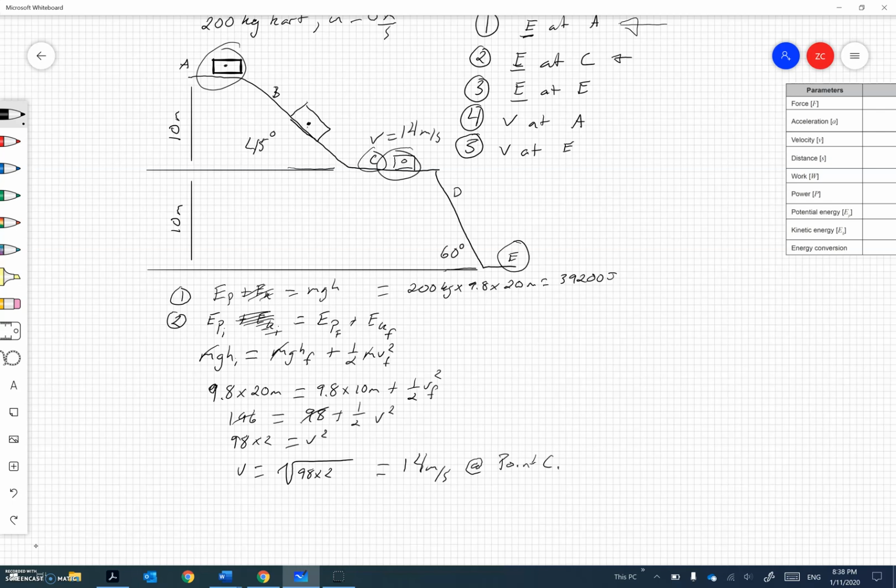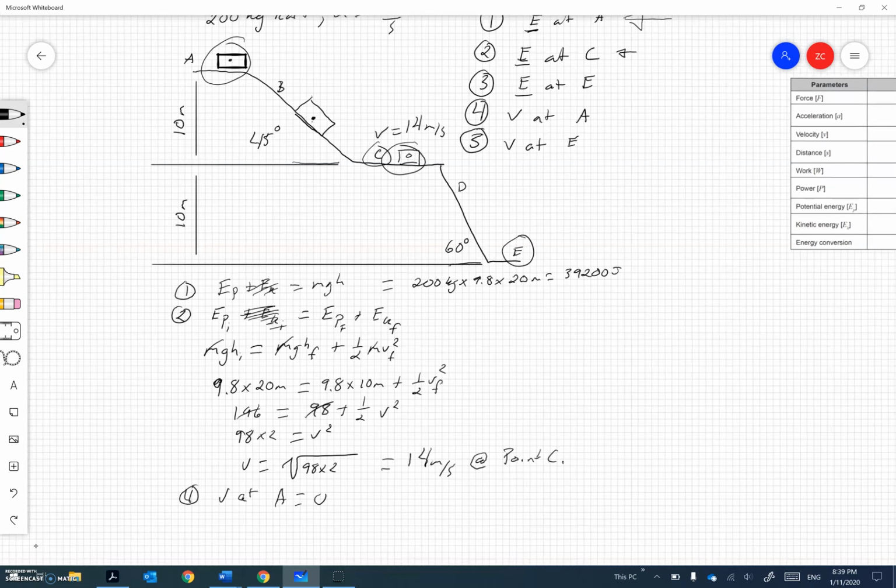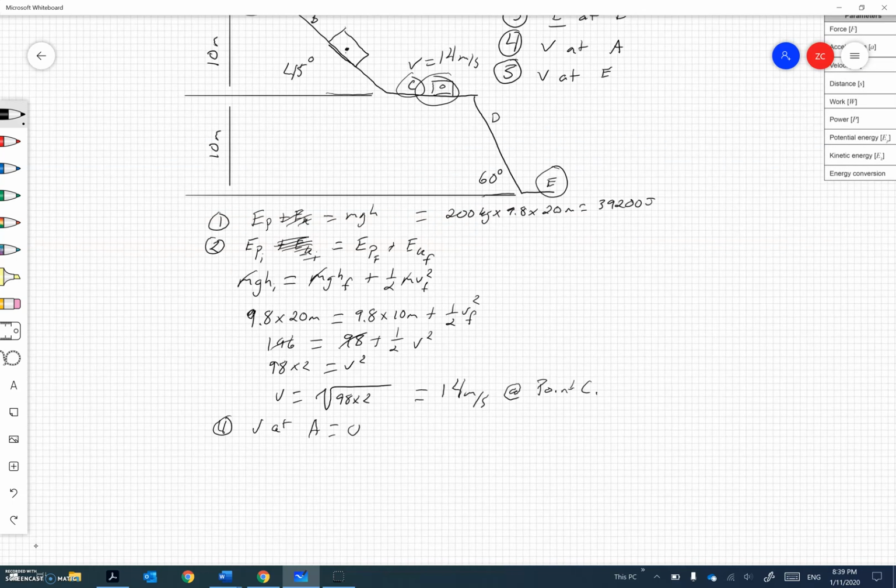Let's look next at velocity at A. For number 4, there's no velocity because it is currently not moving, so V at A is equal to 0. All right, and down at the bottom here, number 5. What's the velocity at point E?